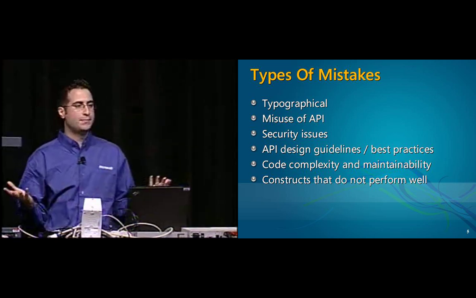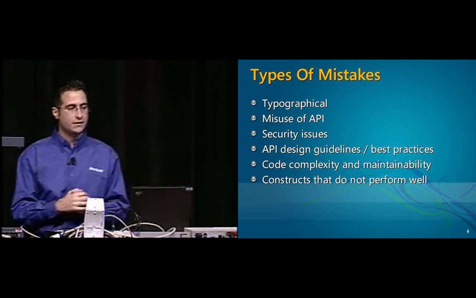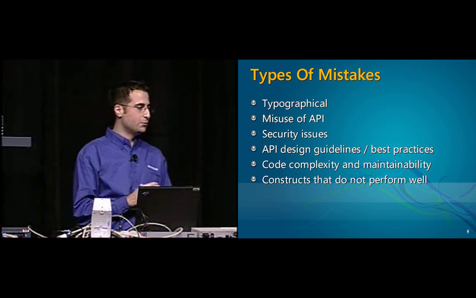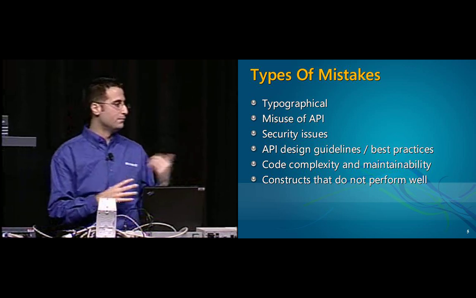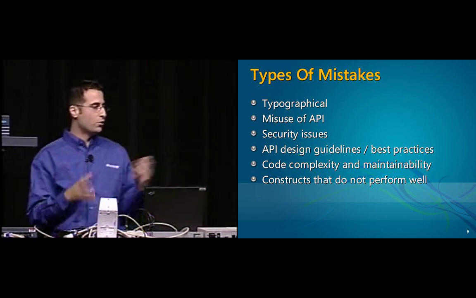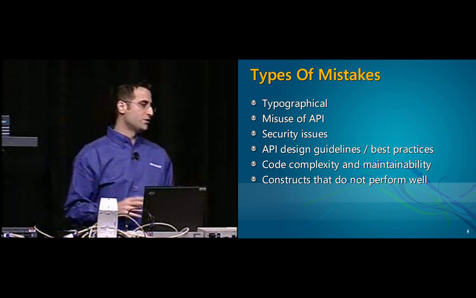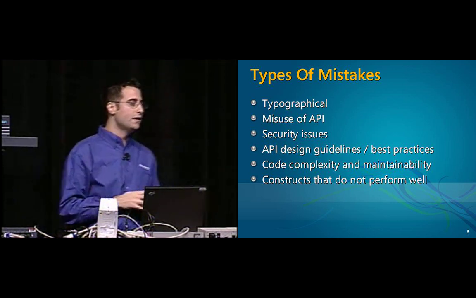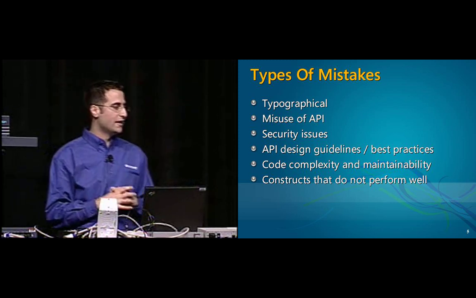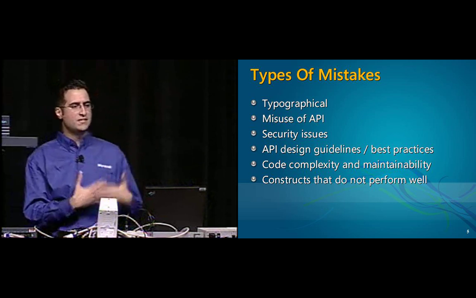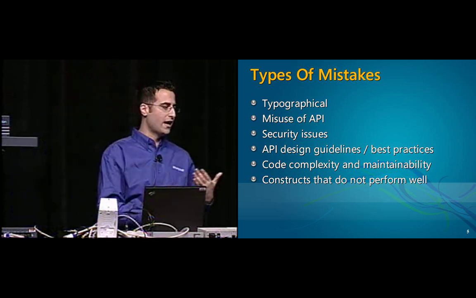So what are the types of defects that we could possibly find using code analysis? For example, for source code analysis, at least in the native case, you can find some issues which are bordering on typographical. Maybe there's a precedence error, and maybe it's not quite the developer's intent, and we might be able to flag that. A very common theme in code analysis is trying to identify misuse of particular common API.